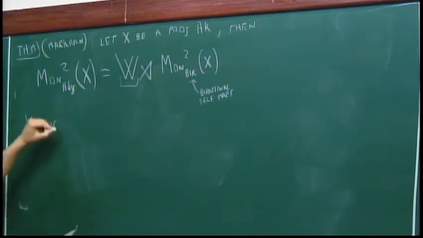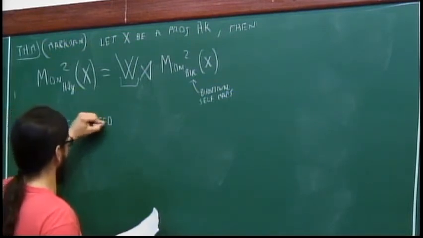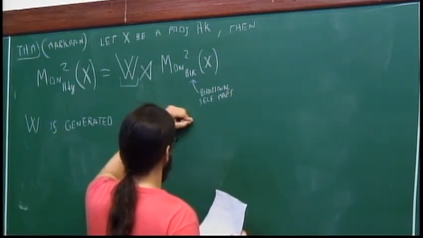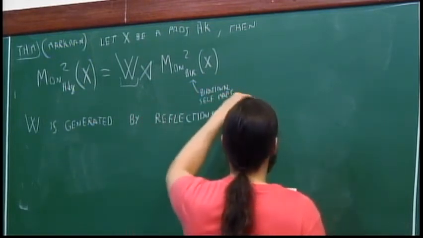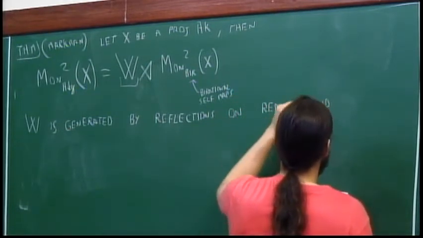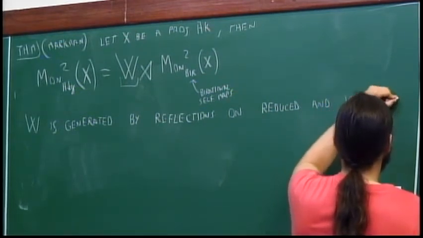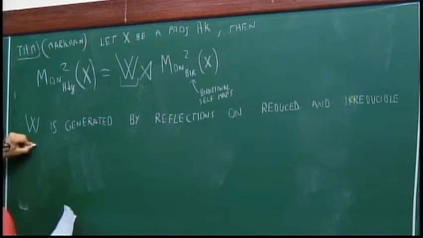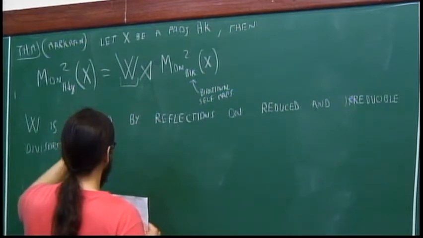And W is generated by reflections on reduced and irreducible divisors of negative square.